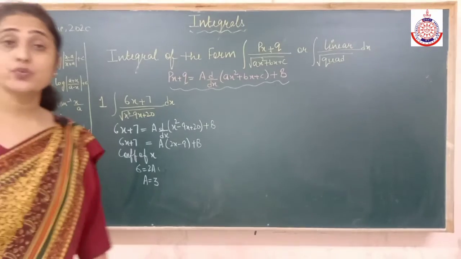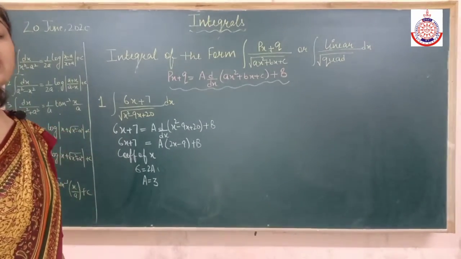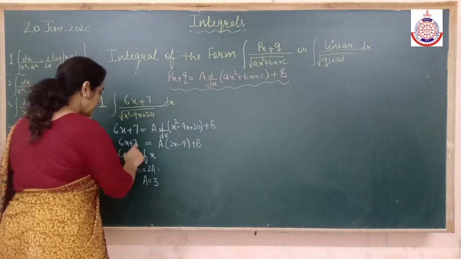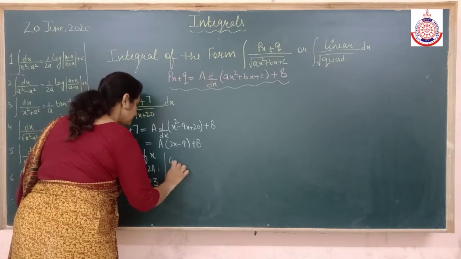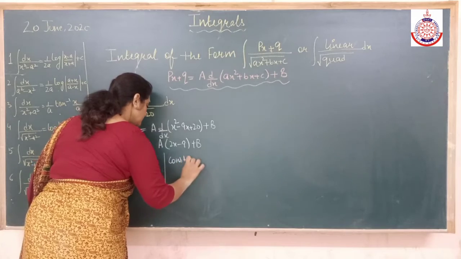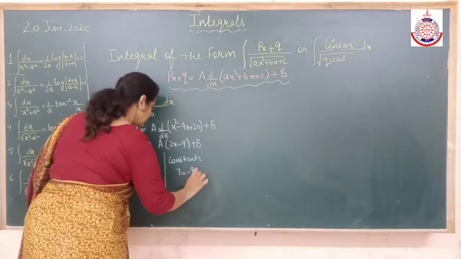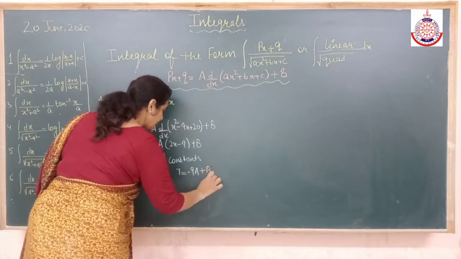Now for b, what do we do? For b, we compare the constants. Let's compare the constants. 7 equals minus 9a plus b.